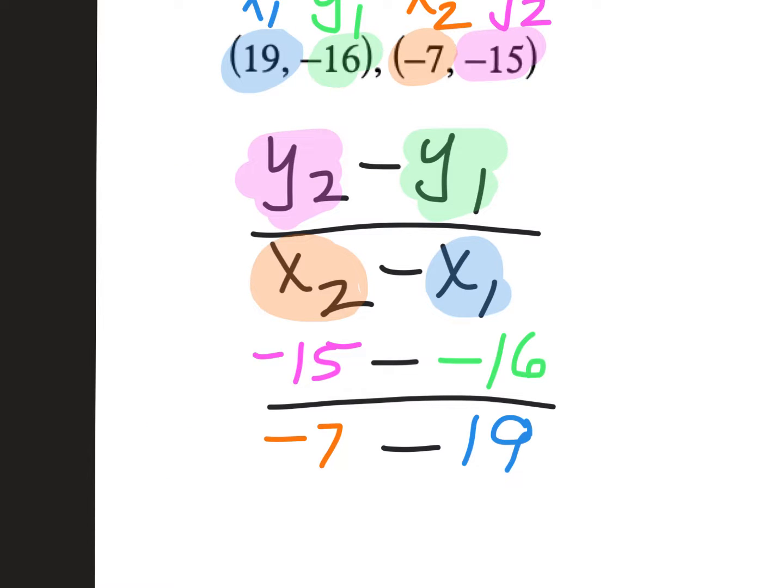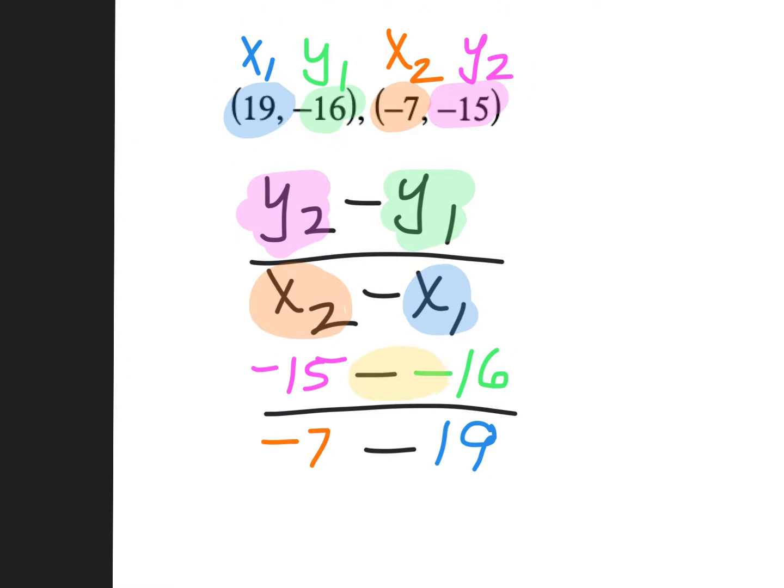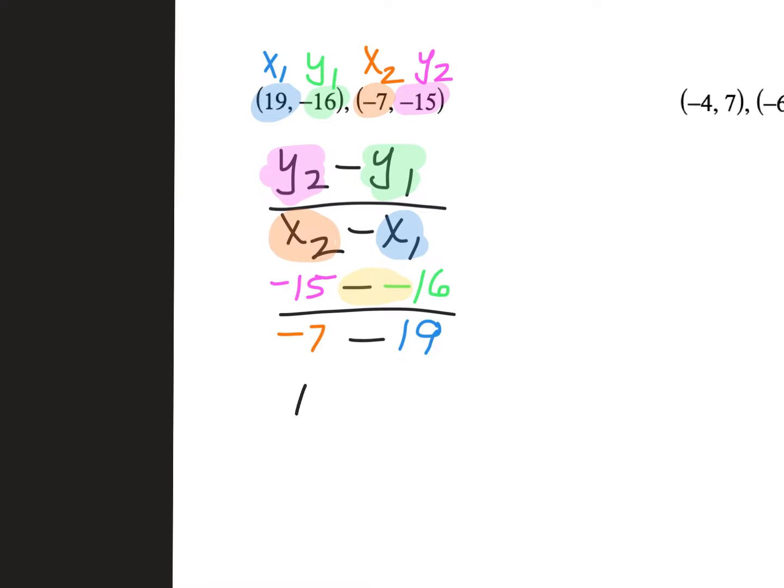So the first step is that I just took the formula and I substituted in all the values. After I've done that, notice that I've got some double negatives that I'm going to go ahead and clear out, because the problem was saying I'm doing 15 minus a negative 16. So minus a negative 16 is actually going to turn into 15 plus 16. And then I'm going to bring down my other one. Okay, so now I'm going to do the math.